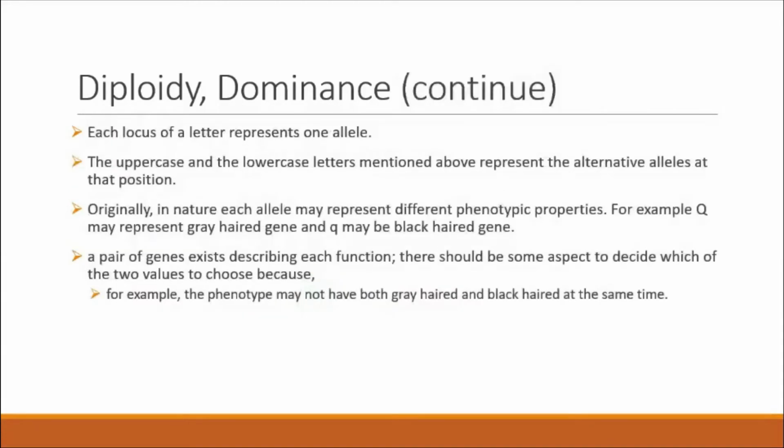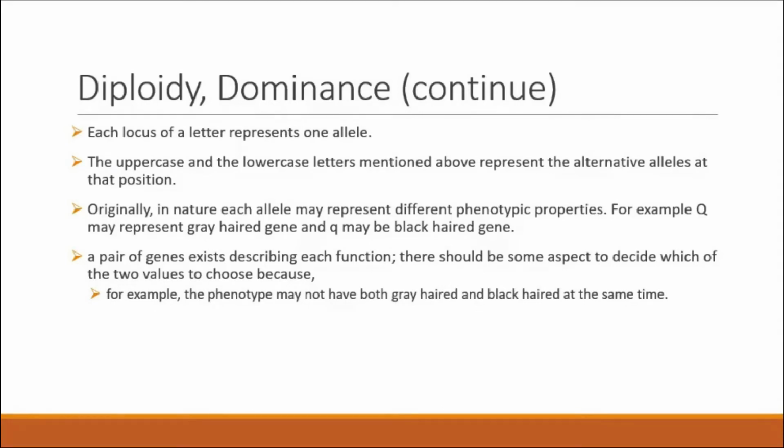The uppercase and lowercase letters represent the alternative alleles at that position. That is, capital P and small p are possible in the first gene.